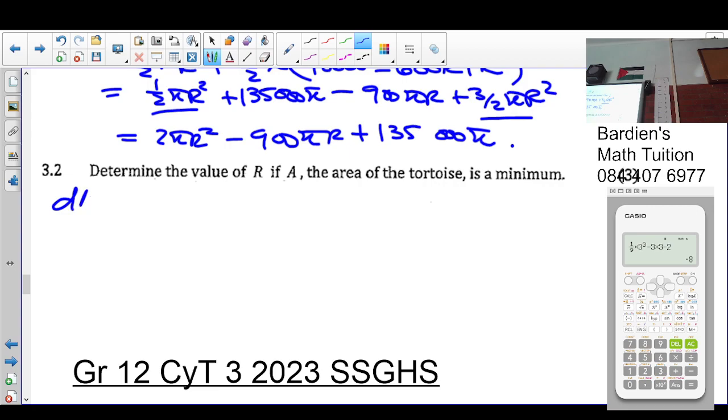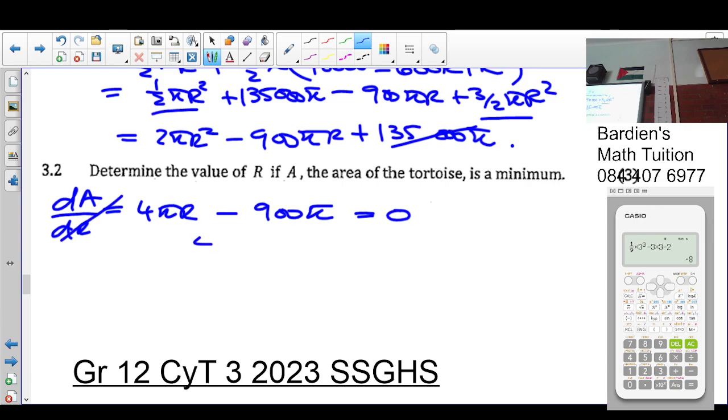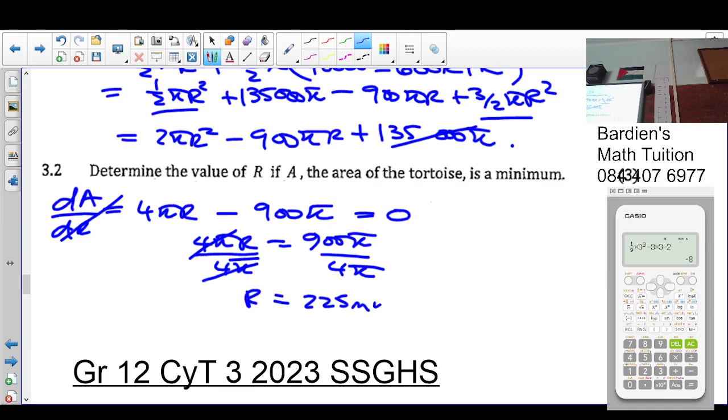So the derivative of A with respect to R is going to give you 4 pi R minus 900 pi. Derivative of a constant is 0. So that's equal to 0. So it's going to be 4 pi R is equal to 900 pi. To get R on its own, I divide by 4 pi both sides. So R is going to give you an answer of 225 millimeters. Okay.